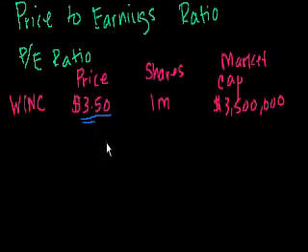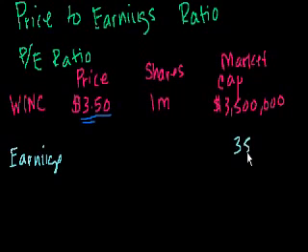Now, what were the earnings of the company? Well, it was making 35 cents. So let me write this down. Its earnings were $350,000 in 2008. And let's just say we're looking at this from the vantage point that 2008 has happened. This isn't like I'm at the beginning of 2008 and modeling it.